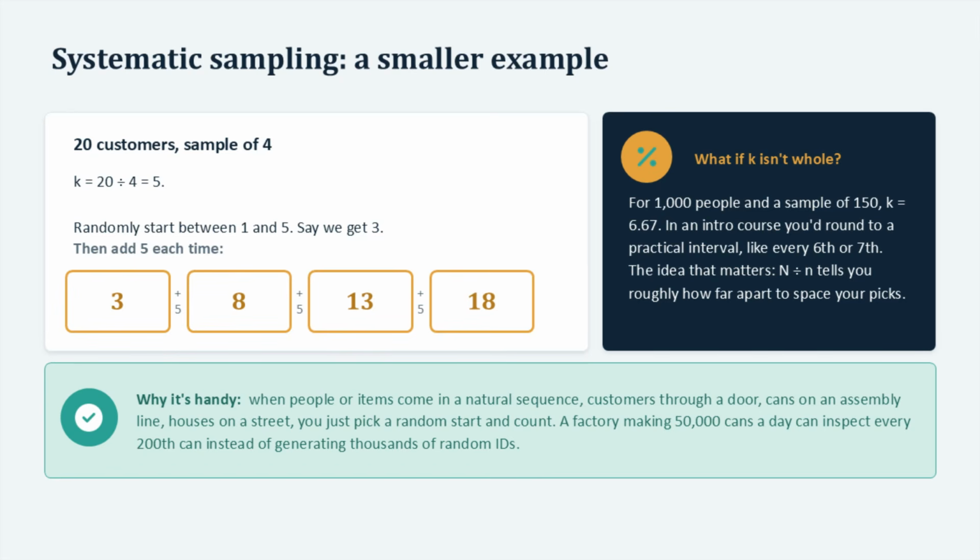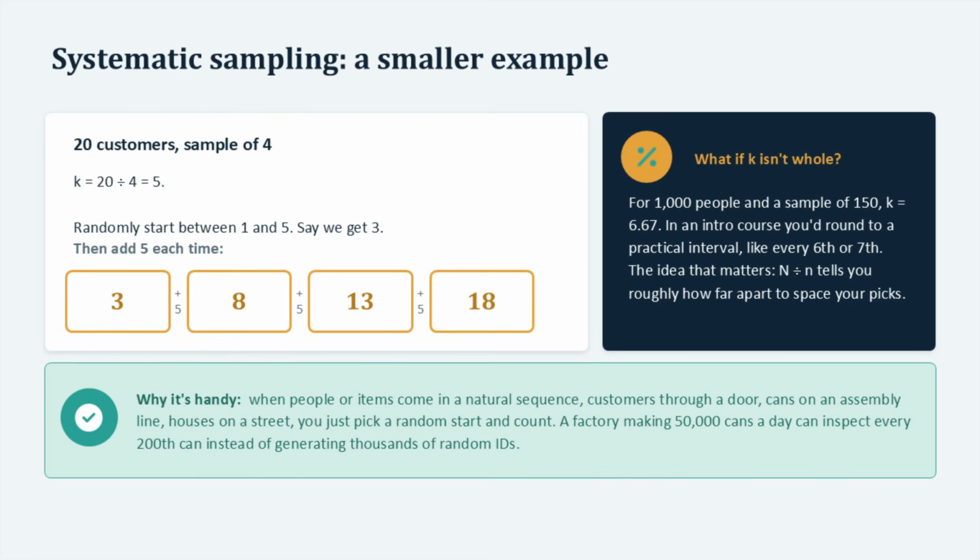Because when people or objects already come to us in some natural sequence, this method is incredibly easy to use. Think about customers walking through a door, cans moving down an assembly line, or houses lined up along a street. You choose a random starting point, and then you count at a regular interval.